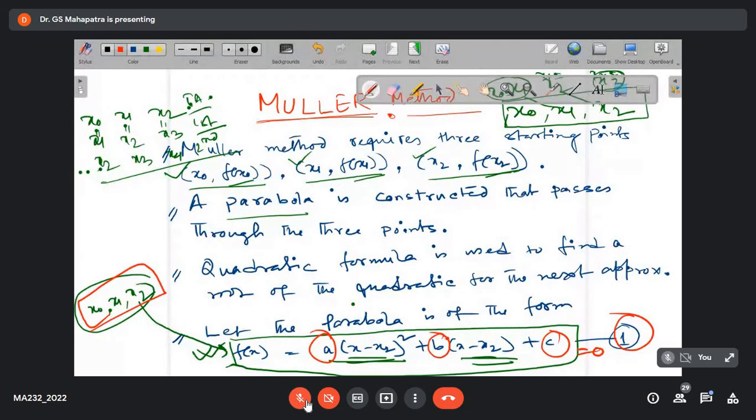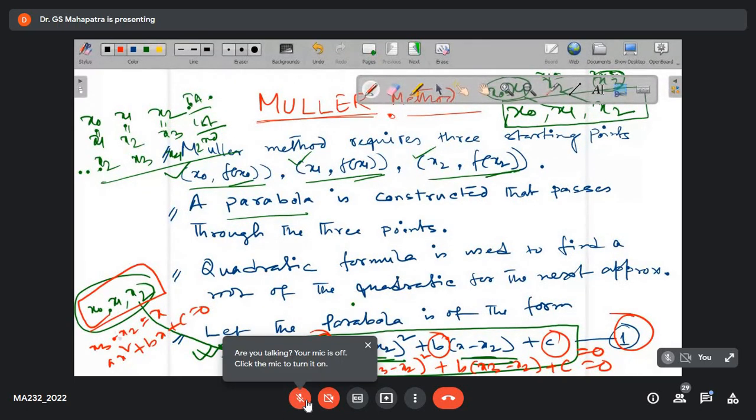Then the expression will be a times (x3 minus x2) squared plus b times (x3 minus x2) plus c equals 0. Now if you consider x3 minus x2 equals X, then a X squared plus b X plus c equals 0.